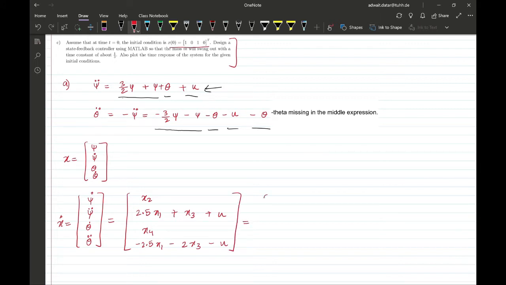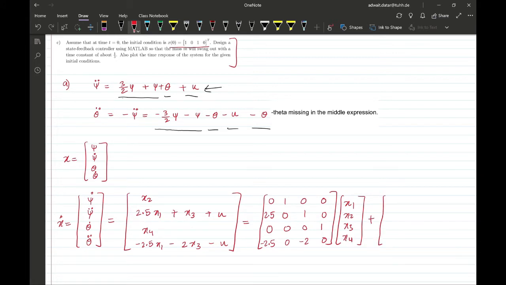So this now can be easily written as 0, 1, 0, 0, because we have the second state. We have then 2.5 times the first state, 1 times the third state. We have only the fourth state in theta dot, and we have minus 2.5 times x1, no x2 term, minus 2 times x3, and no x4 term, times x1, x2, x3, and x4.